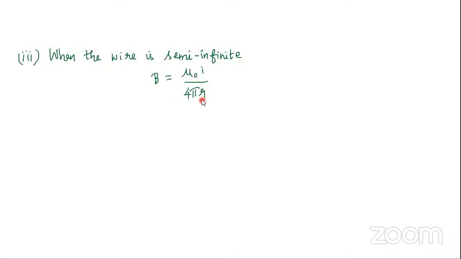So this is how you can calculate the magnetic field for different cases of a straight wire. All these things you need to prepare well, the different cases of the magnetic field due to a long straight wire. You can memorize the formula for each case, and that will help you to solve numerical problems.